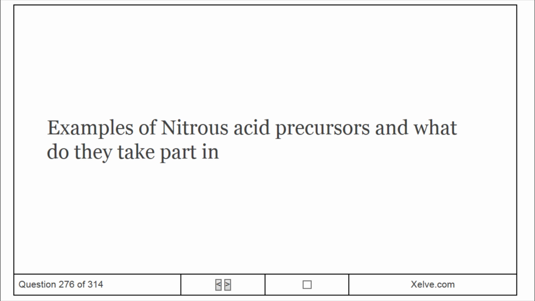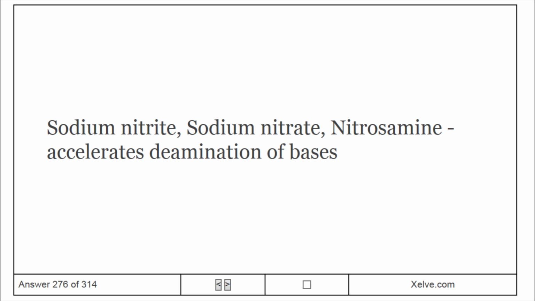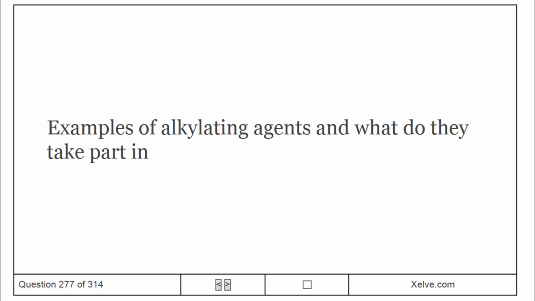Examples of nitrous acid precursors and what do they take part in? Sodium nitrite, sodium nitrate, nitrosamine, accelerates deamination of bases. Examples of alkylating agents and what do they take part in?